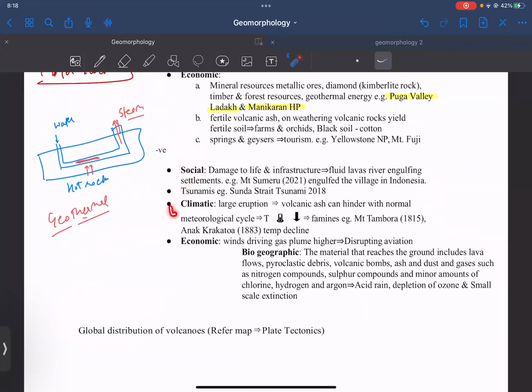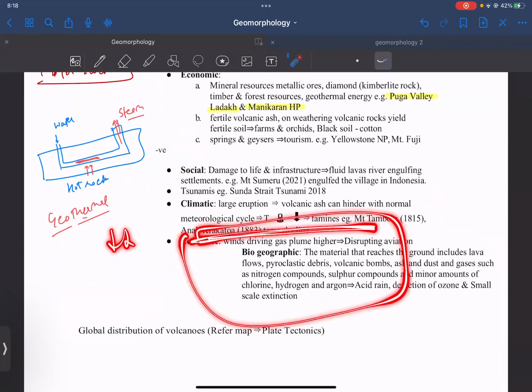Tsunamis it causes, climatic. Now it releases a lot of gases. Volcanic ash is released, right? It may lead to temperature decline also and increase also. ये ध्यान रखना. Temperature increase भी कर सकता है, decline भी कर सकता है. Decline कैसे होएगा? If it releases lot of gases, so all the gases will cover the atmosphere, so it will block the entry of the sunlight. So if sunlight is not able to reach the earth surface, there would be less transfer of heat, so temperature will decline.